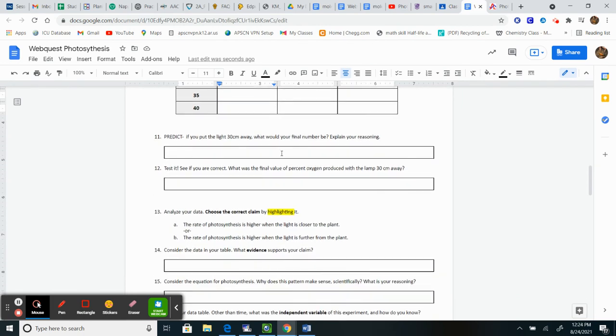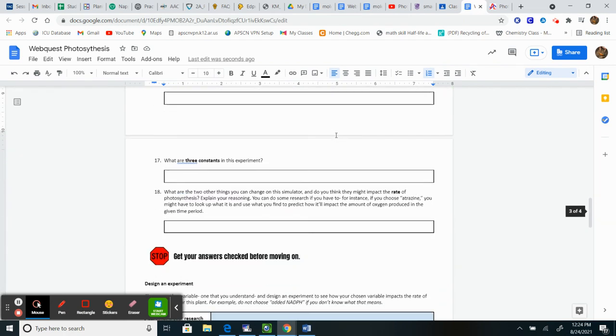Answer the questions to the best of your ability. For question 11, where it says predict if you put the light 30 centimeters away, what would your final number be? So that is your best guess. Different answers will have different reasonings. So as long as you can reason why you chose a number, you should be good.